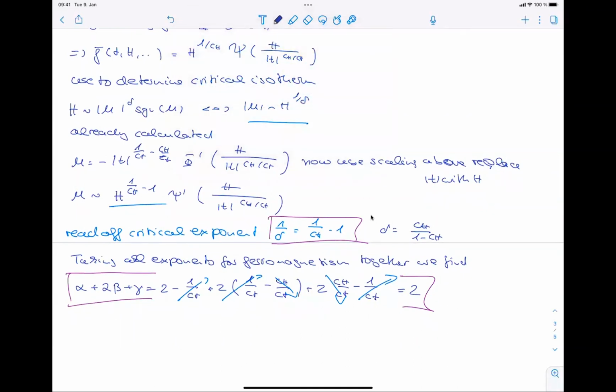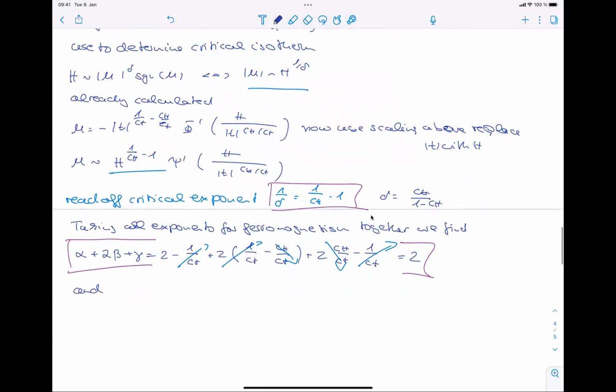renormalization group. And similarly, the other relationship was delta minus 1 times beta. Also, if you check for that, that's why I wrote CH minus 1 plus CH over 1 minus CH, popping down the delta down there and multiplying it by beta, which is 1 minus CH over CT.